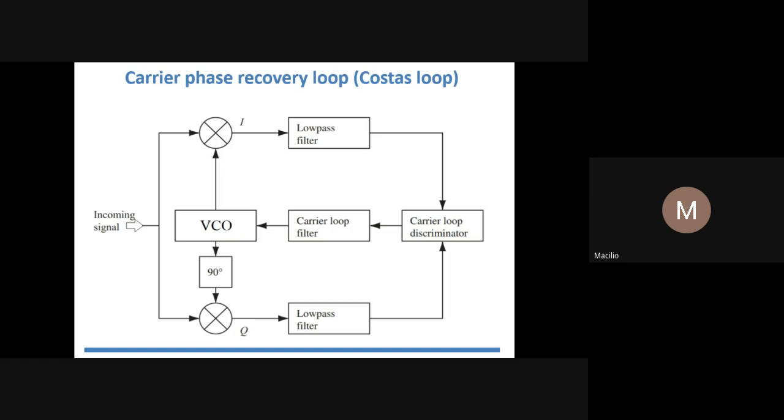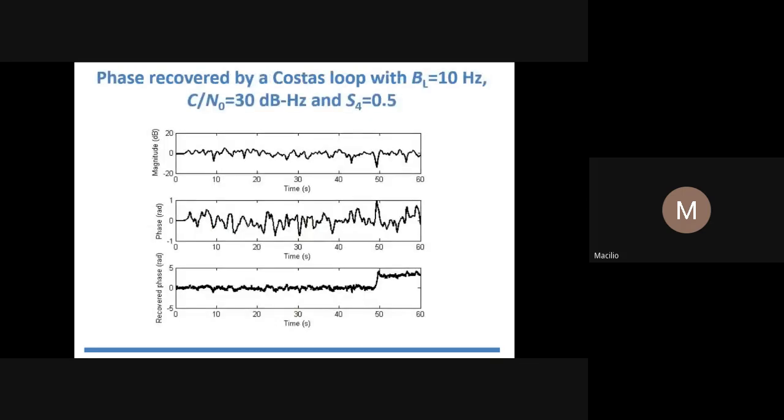Classically, the GNSS receiver uses this configuration to recover the phase. I did some simulation using the Costas loop with these parameters.